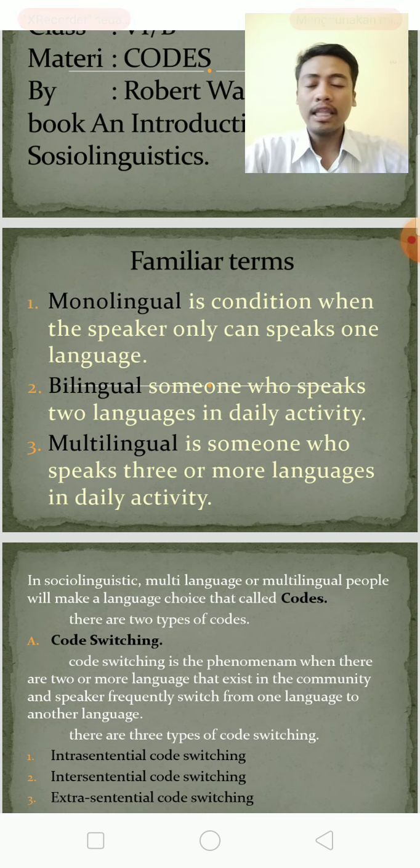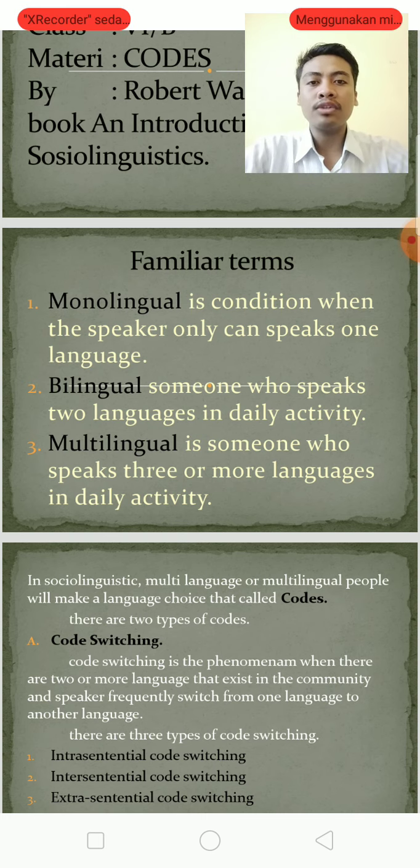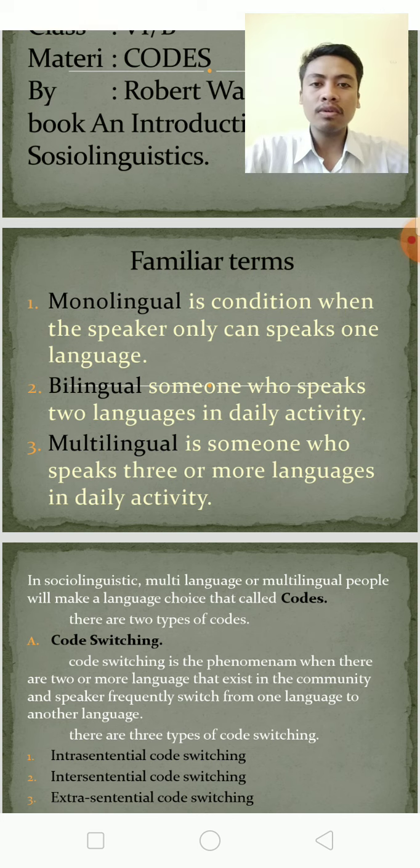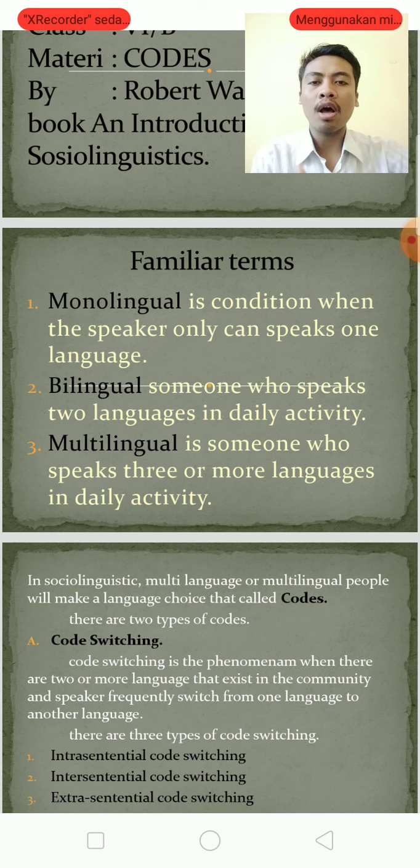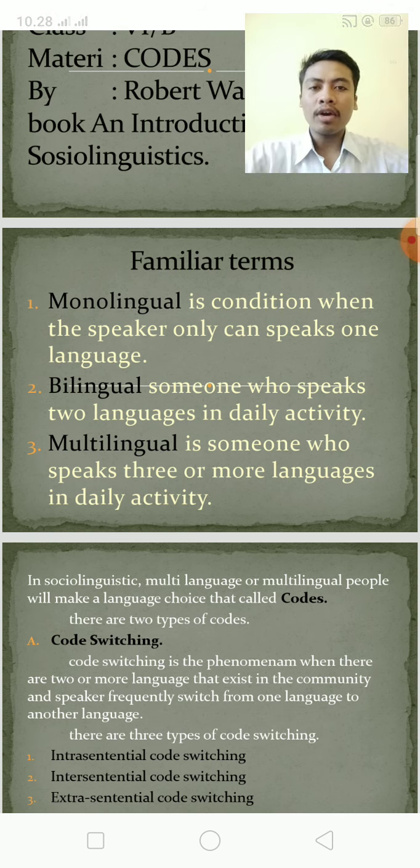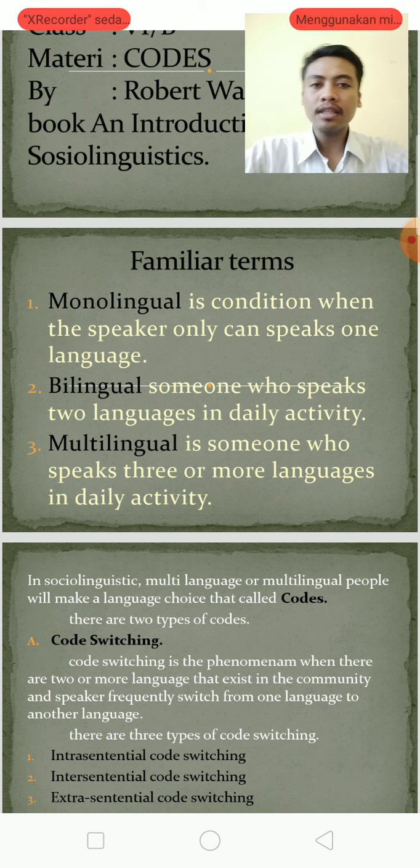The first thing we have to do is to know the familiar terms of codes, because we're talking about codes, so we have to know the familiar terms that often appear in the explanation. In this slide, there are three terms.